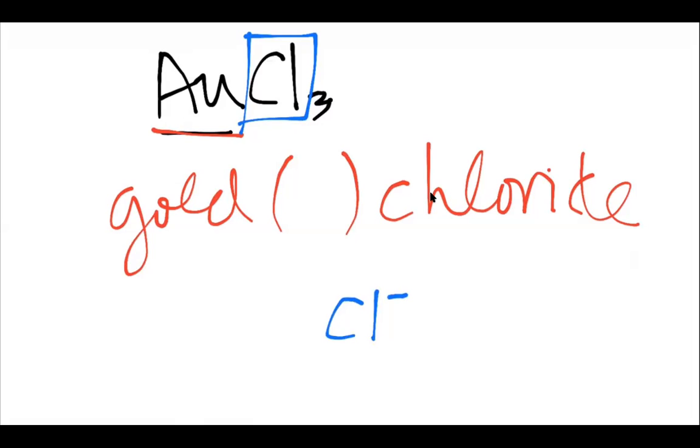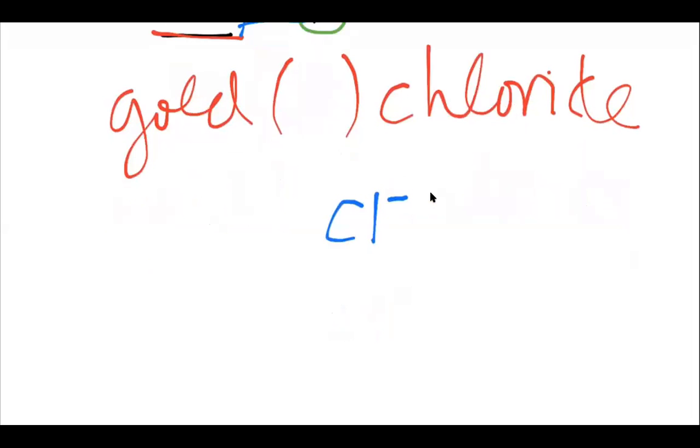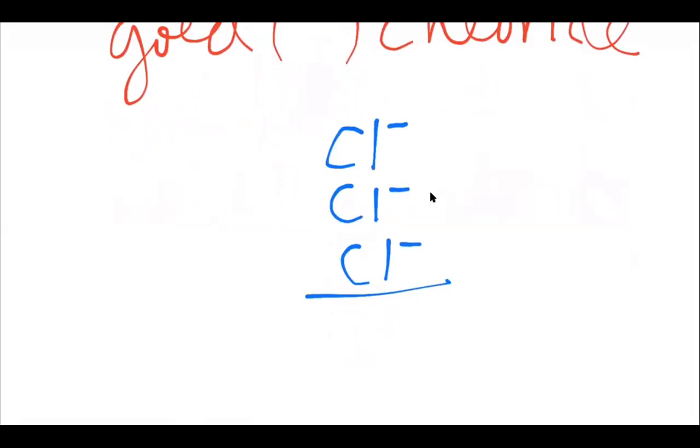It's a halogen. But there are 3 of them. The subscript down here tells me there are 3 Cls. So all together, if I add up all those negative charges, what's the total negative charge here? Yep, it's 3 minus or negative 3.